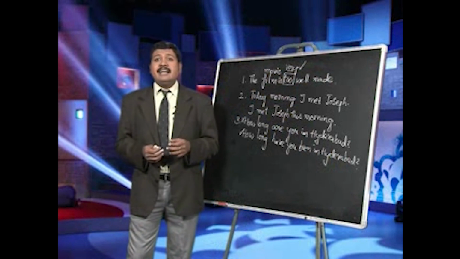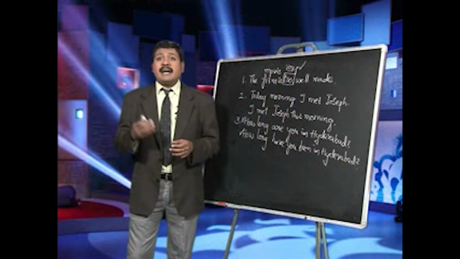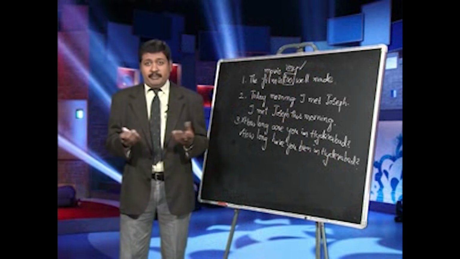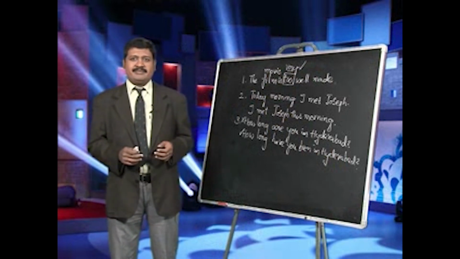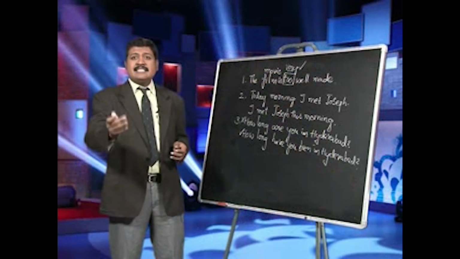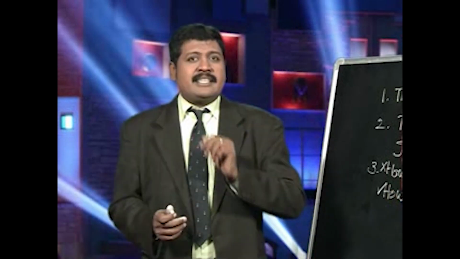Well, we can say it is half past 6, meaning the time is 6:30. If we say quarter past 6, the time is 6:15. And if we say quarter to 6, that means the time is 5:45.